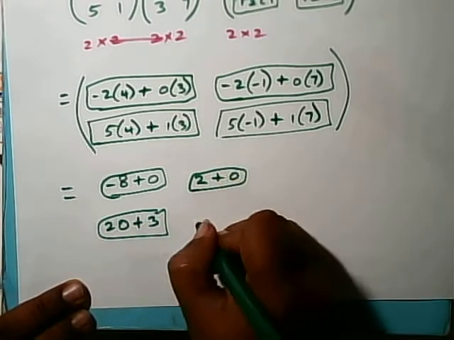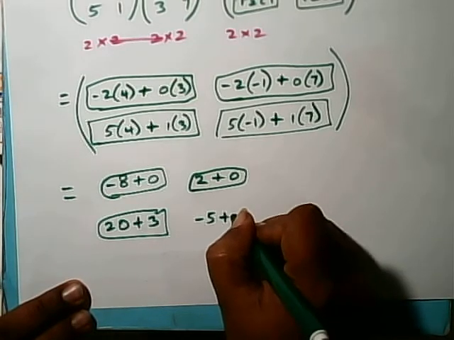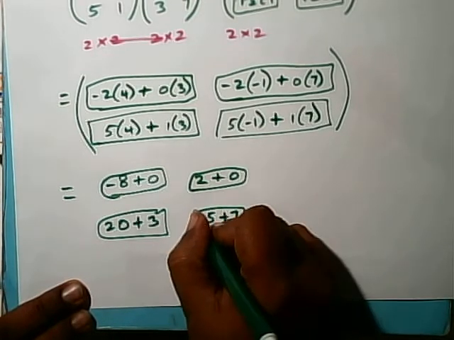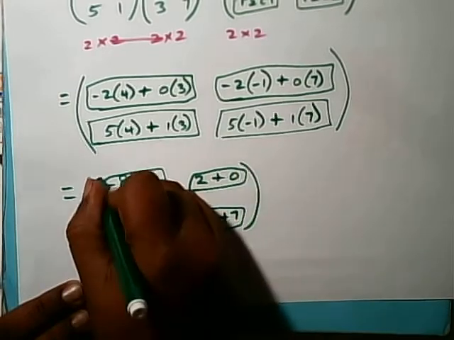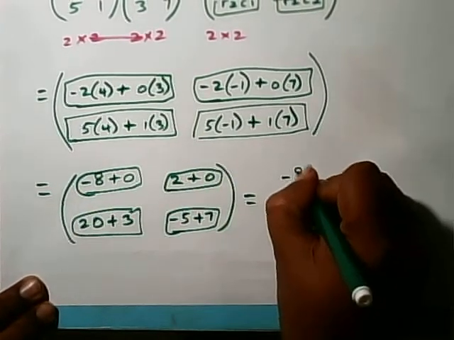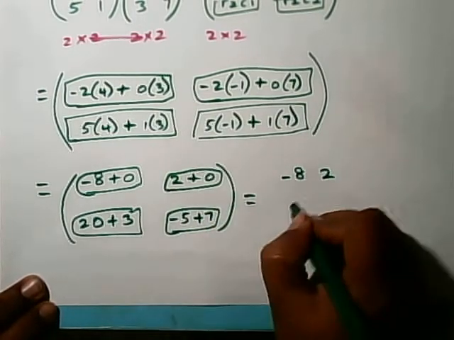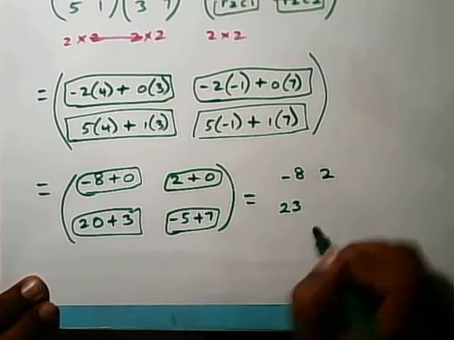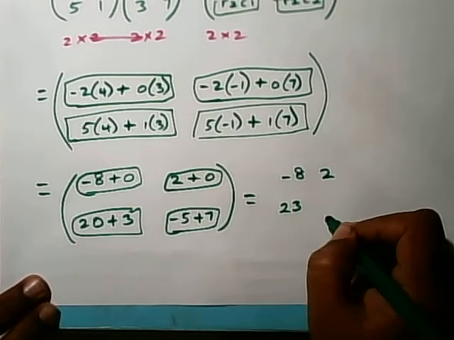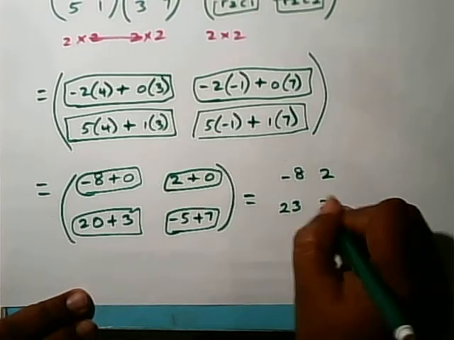Next one, minus 5 add 7. Minus 8 plus 0, minus 8. 2 plus 0, 2. 20 plus 3, 23. Minus 5 plus 7, go down 5, go up 7. You get a positive 2.